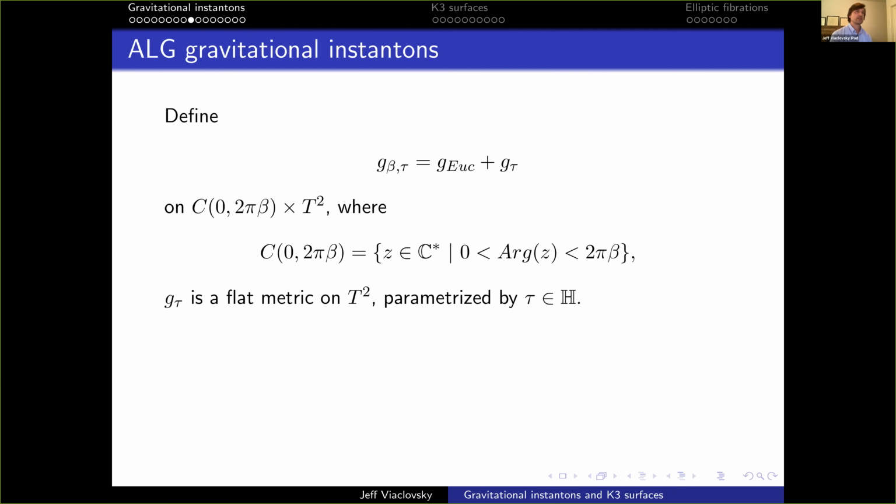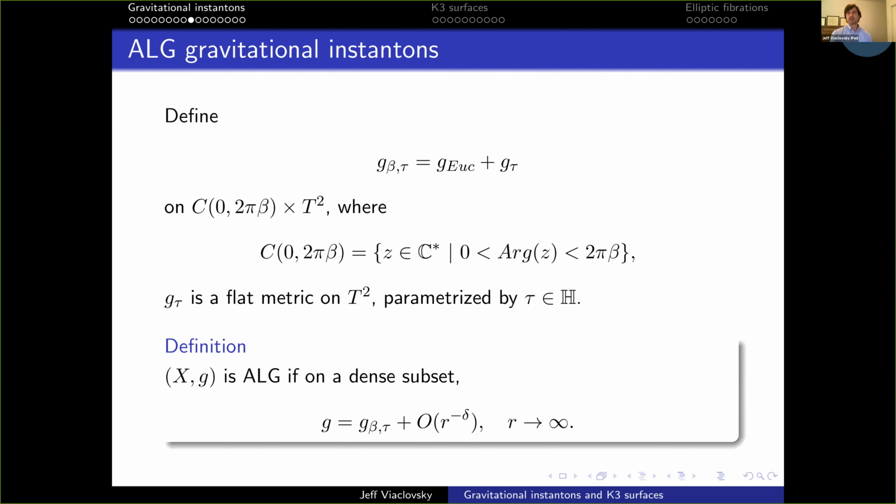It's going to be the Euclidean metric plus g sub tau. So this is a sector of angle 2 pi beta in two dimensions, times a flat 2-torus. g tau is just a flat metric on the T2 torus, and the Euclidean metric is just a flat metric on this sector. And tau lives in the upper half space.